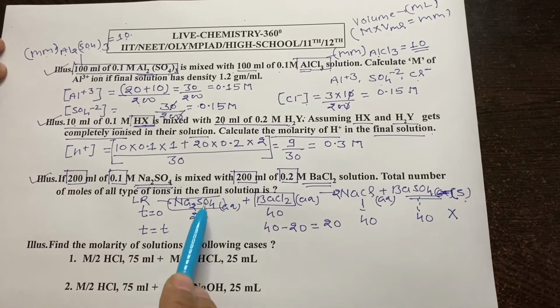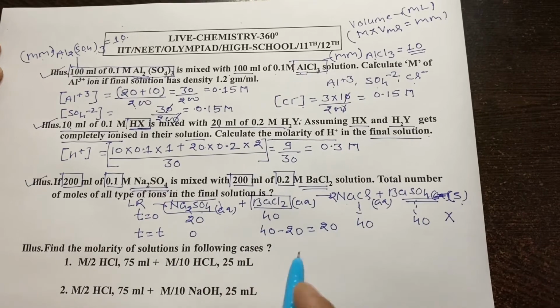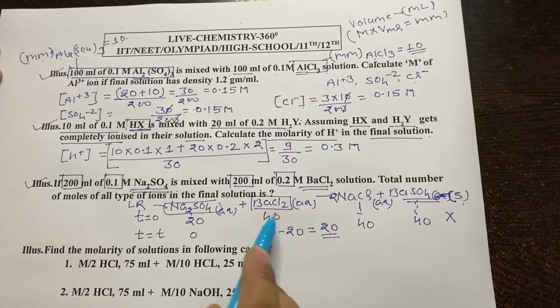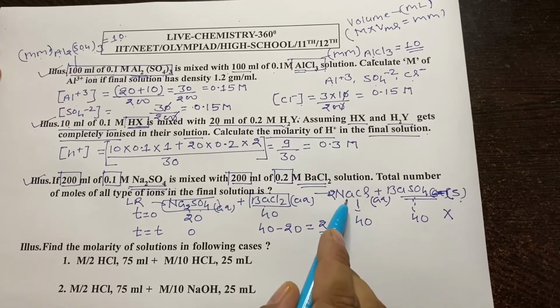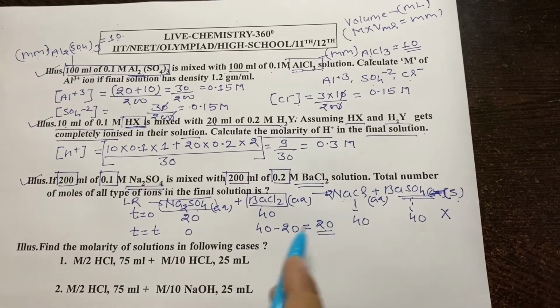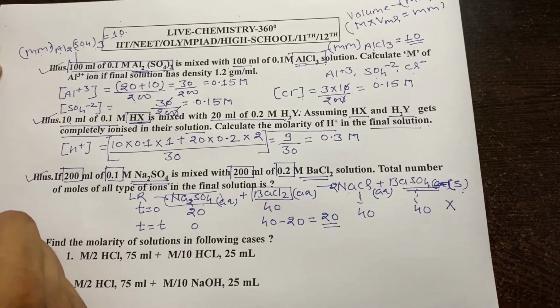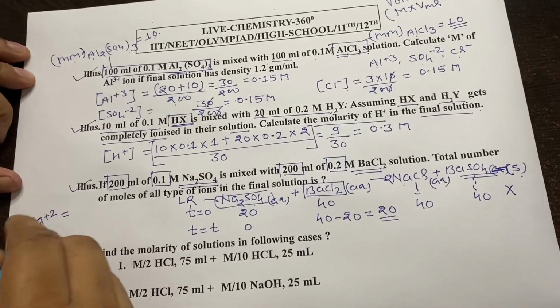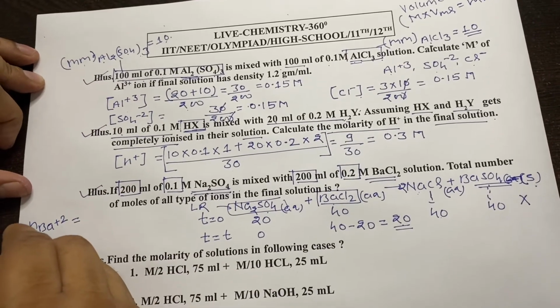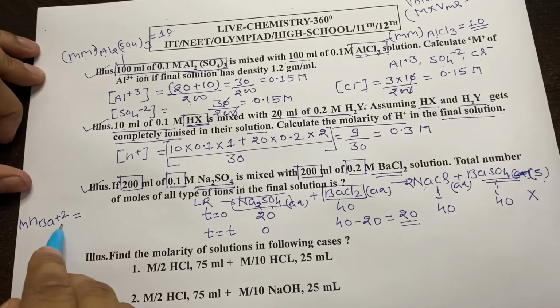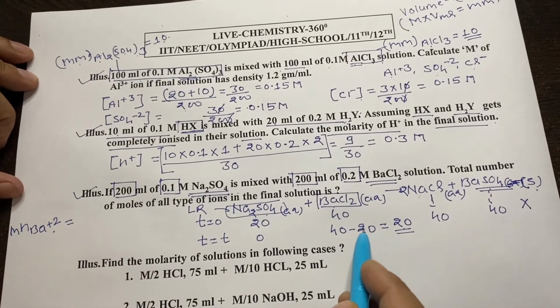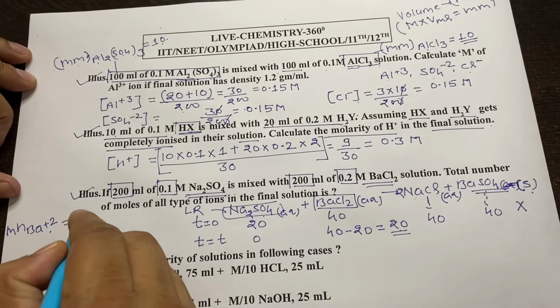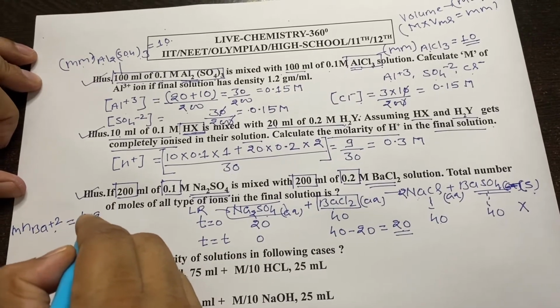So definitely, if you observe this data, 20 millimoles of BaCl2 and 40 millimoles of NaCl are present in the solution, so we can say that the millimoles of Ba2+ present in the solution will be equal to 20.